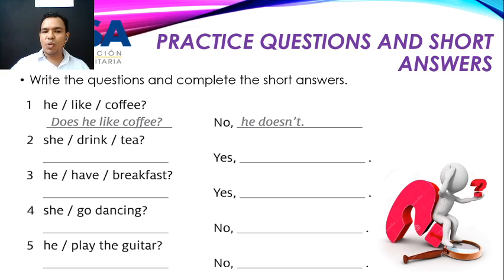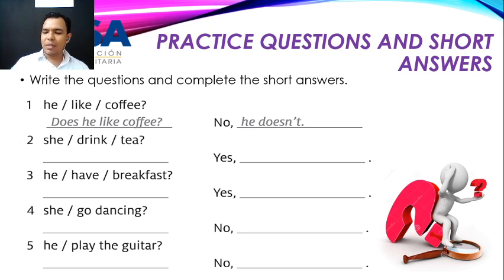Now, in front of those questions, you need to practice the short answers. Short answers are with yes or no, comma, then the subject, he, she, you, I, we, they, and after that, the auxiliary. For example, if the short answer is affirmative, I say yes, I do, or yes, she does, or yes, they do.